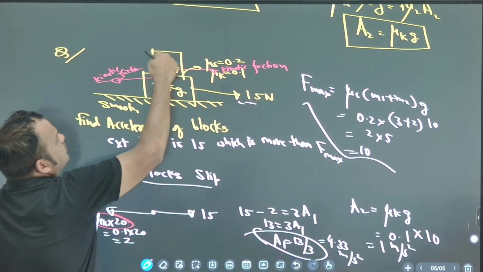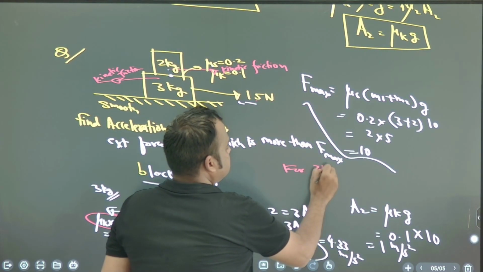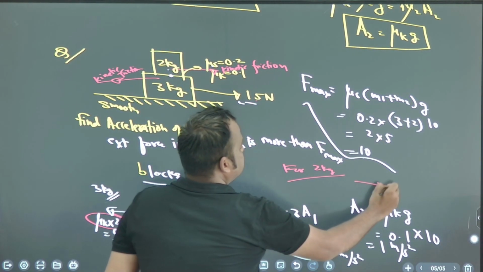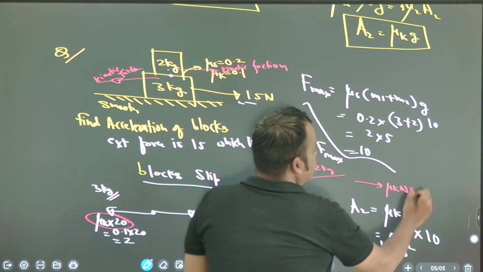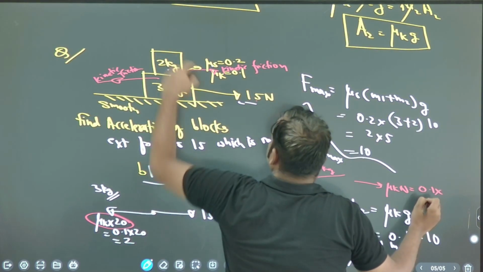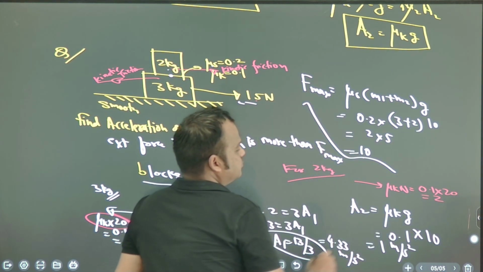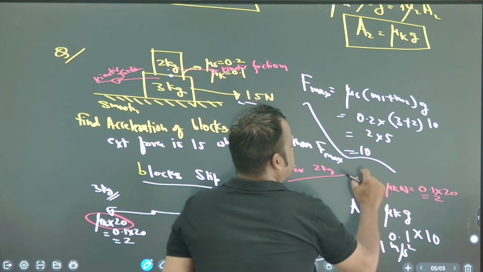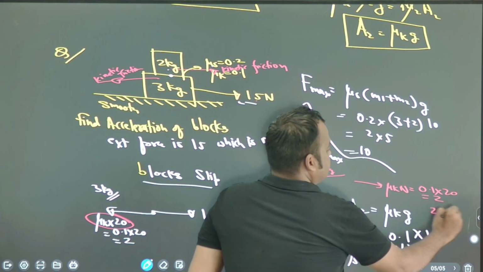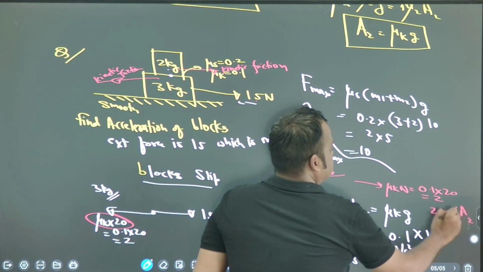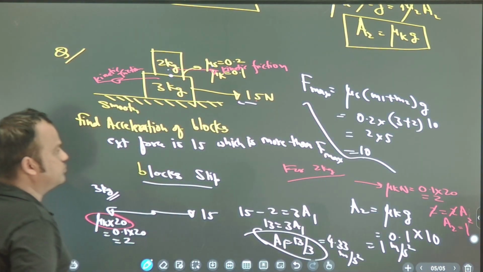Now 2 kg. What is the rightward force for 2 kg? Mu k N means 0.1 into m g, which is 2. Then this is the net force. So 2 is equal to M A. So what is A2? 1.